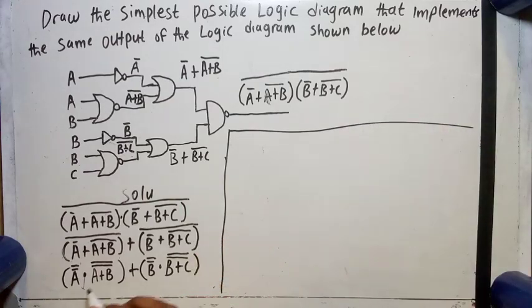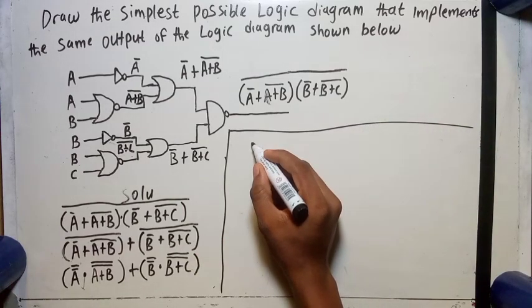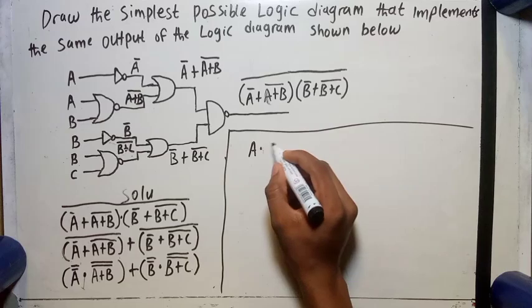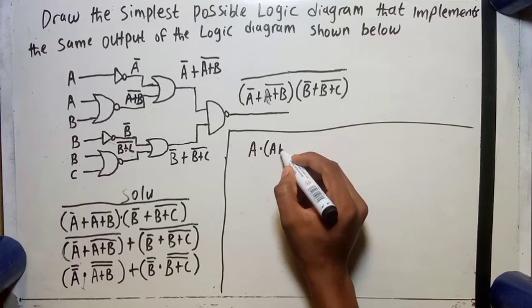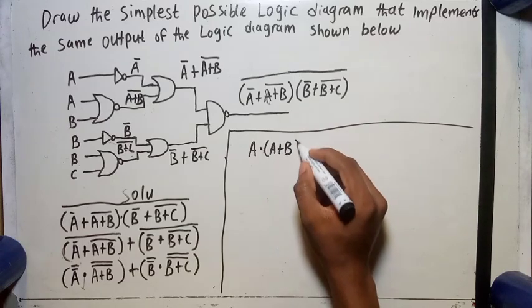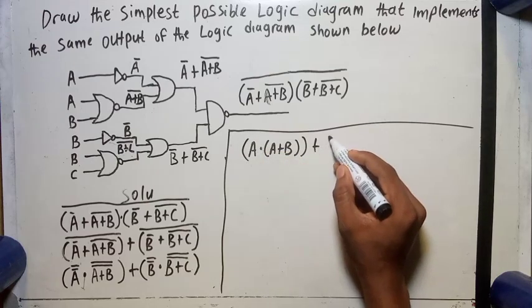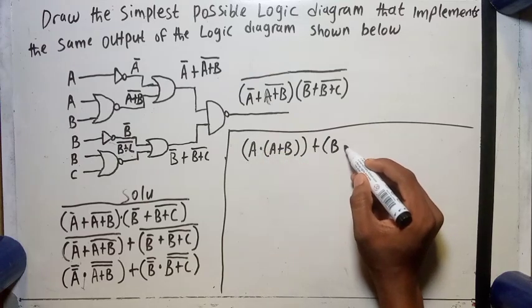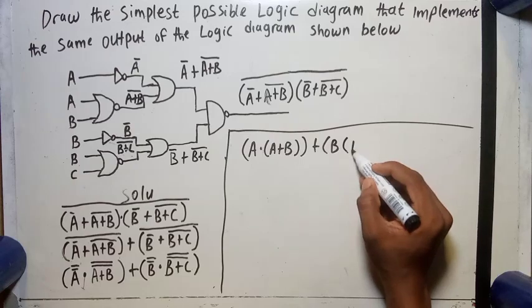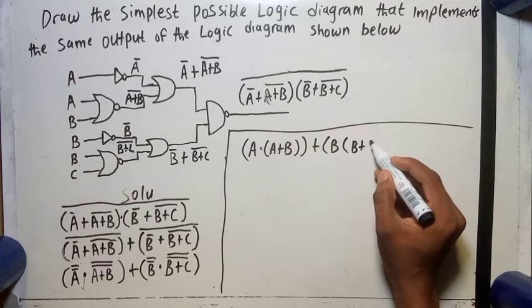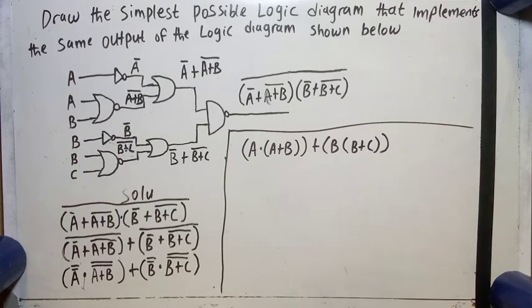From here, we're going to be having A times A plus B, plus B times B plus C. So we have gotten to this level.